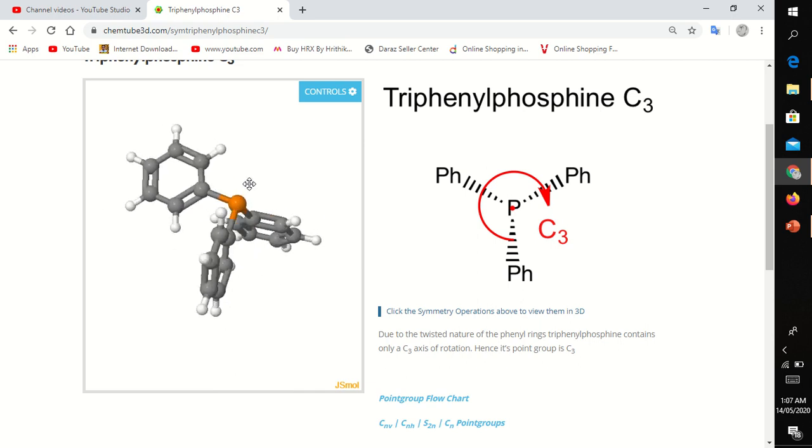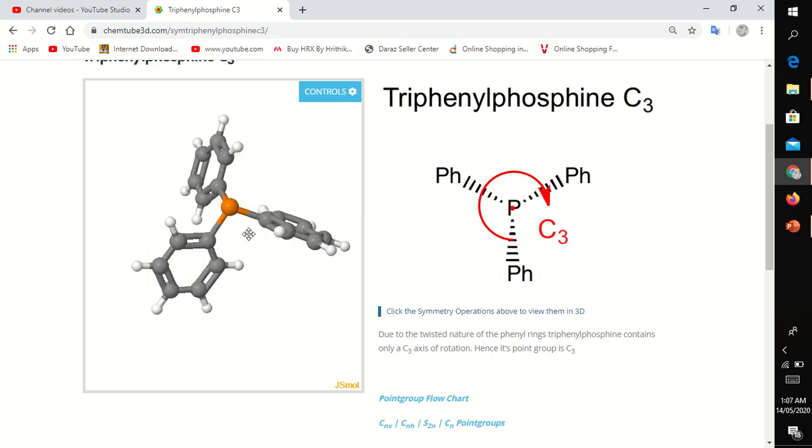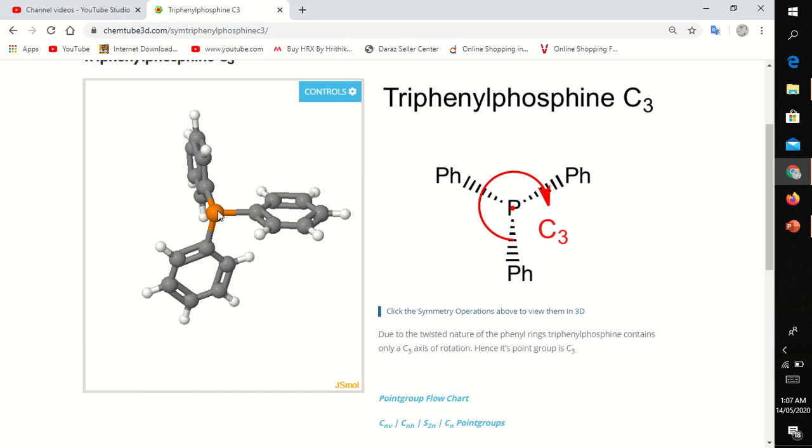There is also non-existence of an inversion center in triphenylphosphine, because for example this phosphorus is actually the middle point of the molecule, and if I would like to travel from the middle point of this molecule to the right side of the molecule, I will definitely find a carbon of one of the phenyl groups. So for an inversion center it is mandatory that there would be a similar type of atom on the opposite side from just the middle point of that particular molecule.